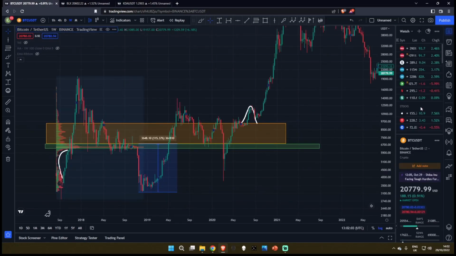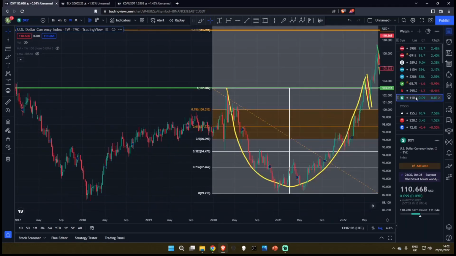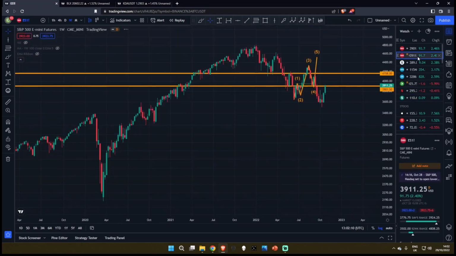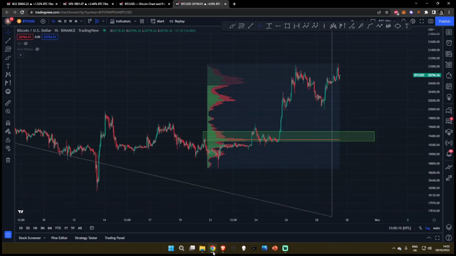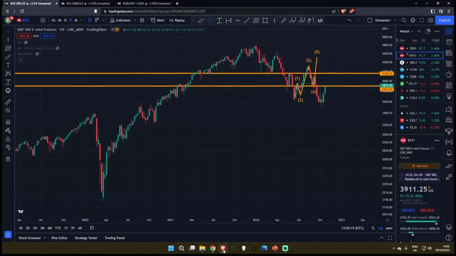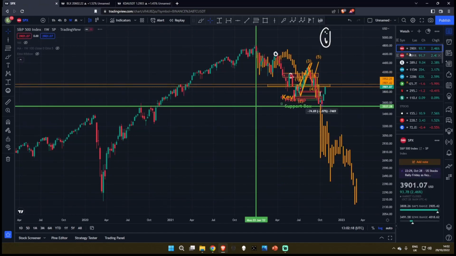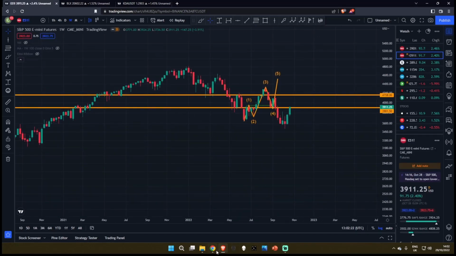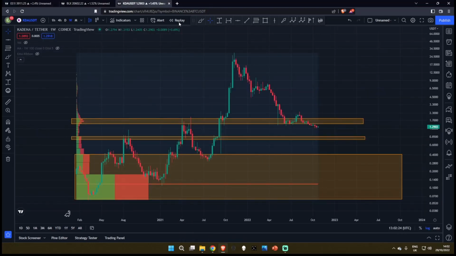You also do want to keep an eye on things like the DXY, government bonds. Keep an eye on what's going on in the economy, because, nonetheless, these volume profiles are going to be good for the short term and the long term, but really they're going to follow the general market. So you do also want to keep an eye on things like the SPX, the DXY, government bonds, etc. Because once again, the volume profiles are very ambiguous.